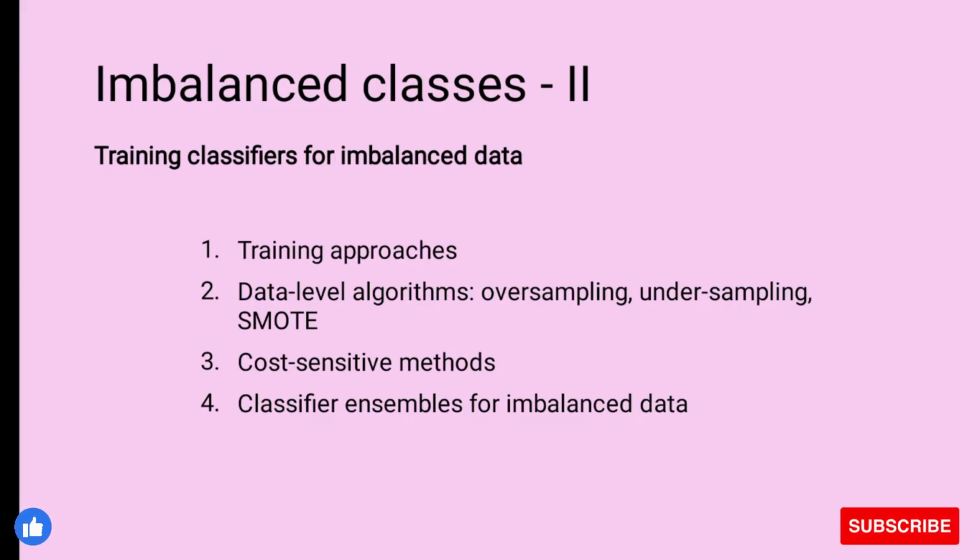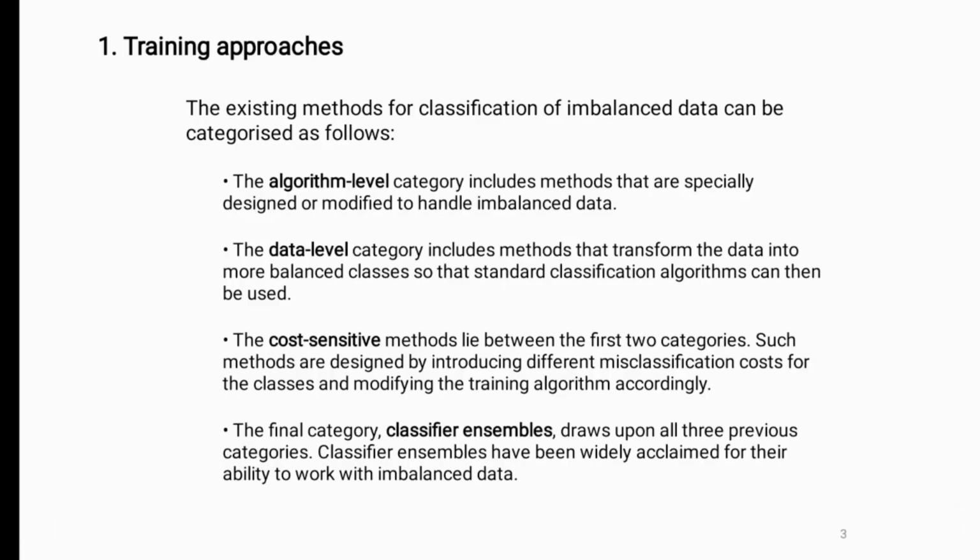When we're talking about algorithm level approaches, we're talking about either using different algorithms or changing how the algorithm works. When we're talking about data level approaches, we're talking about somehow changing the data and using the traditional methods, but now with changed data.